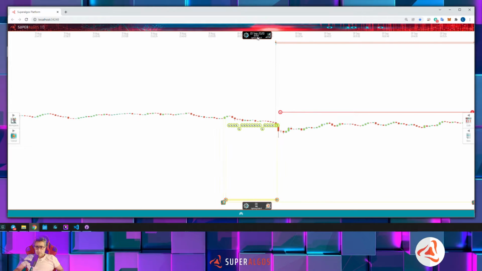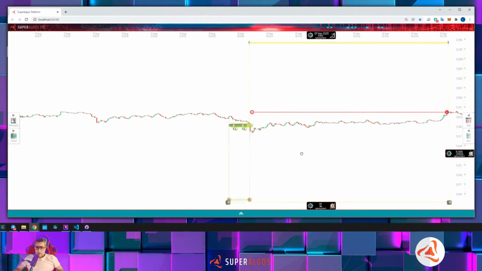So it kind of worked better than before, but not really, because it managed to jump into the other stage, but it didn't cancel it.